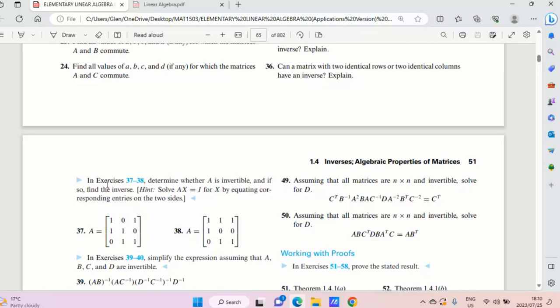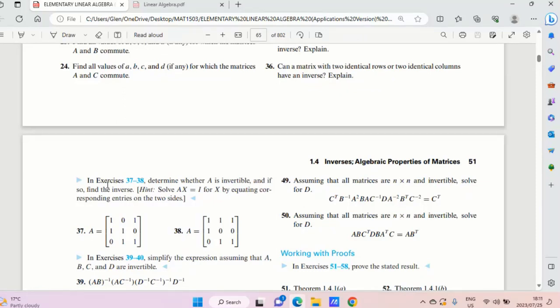We are told that in exercises 37 to 38, determine whether A is invertible, and if so, find the inverse. In exercises 37 to 38, determine whether A is invertible, and if so, find the inverse.